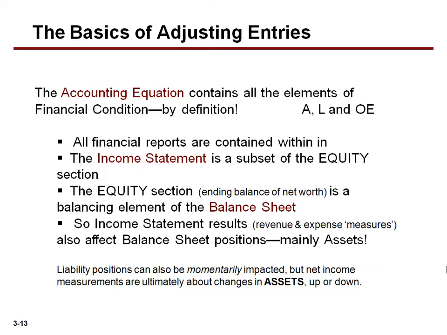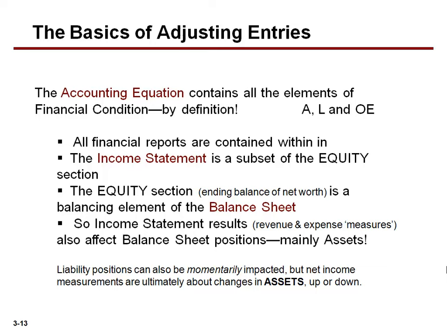Now let's go back to the context of accounting, the accounting equation. As indicated, it contains all the elements of financial condition, that is, assets, liability positions, and owner equity or owner net worth positions. All financial statements are contained within the walls of this definition.